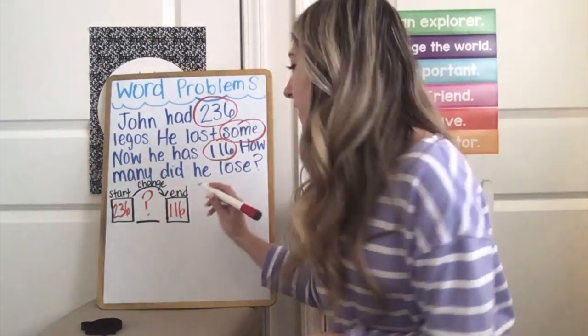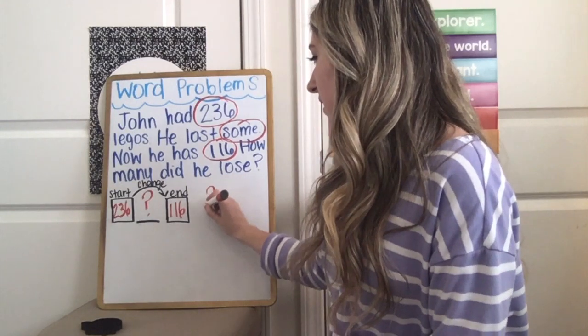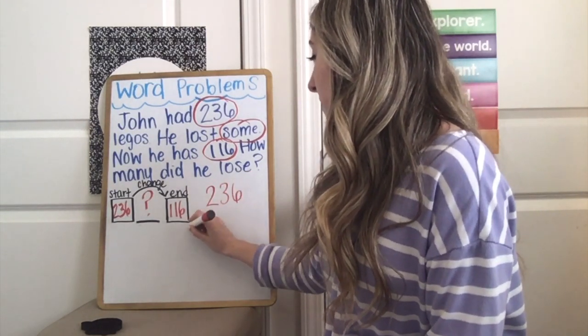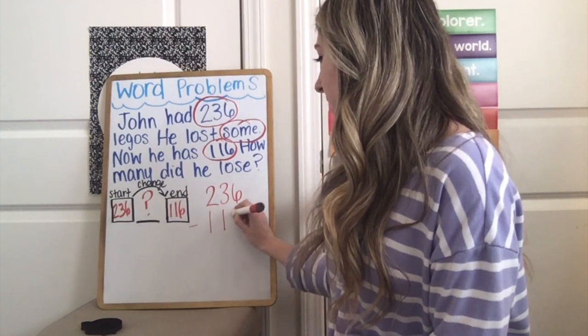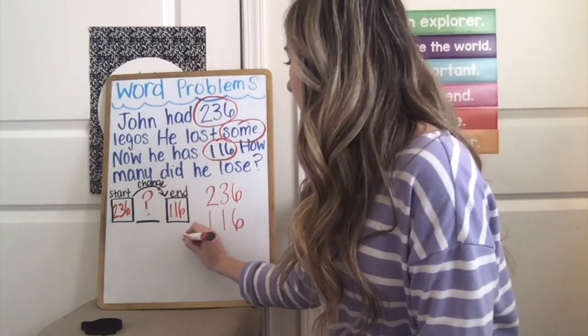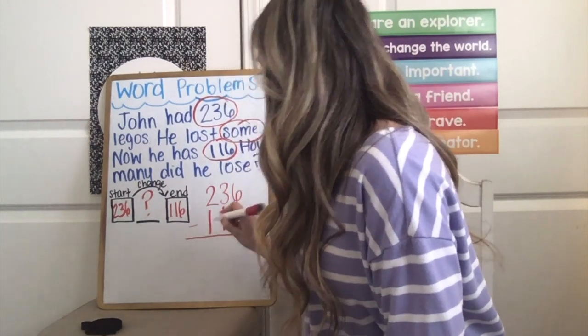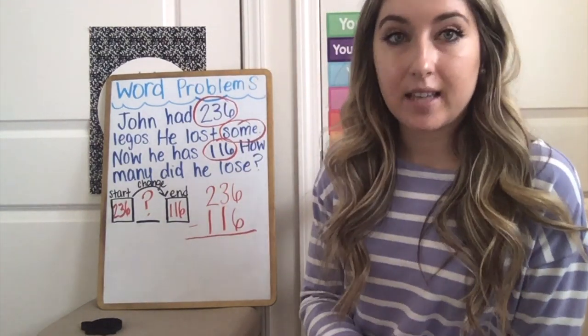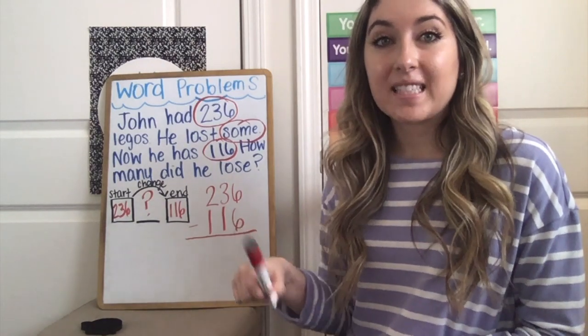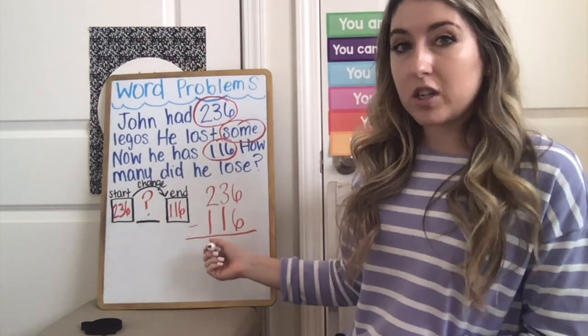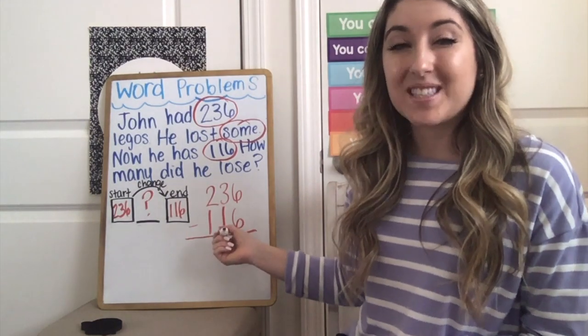I wonder if I subtract 236 minus 116. Yes, that will work, and I'll tell you why. From the lesson yesterday, the answer in a subtraction problem is called the difference.